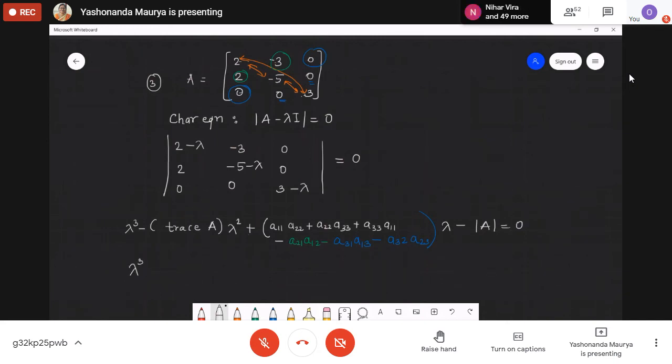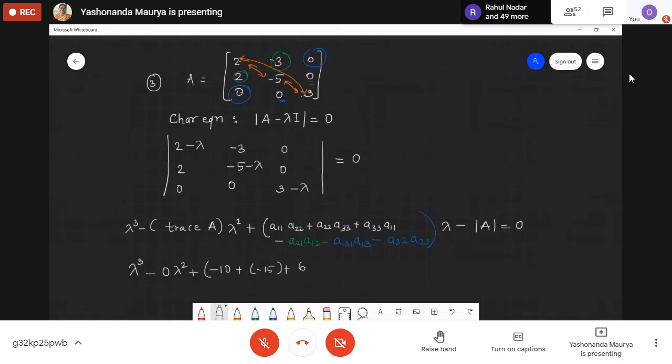So lambda cube minus, what is the trace, the diagonal entries? 2 minus 5 plus 3. So that gives me 0. So 0 lambda square plus, now let us simplify this expression. 2 into minus 5, so that will be minus 10, plus minus 5 into 3, so that will give me minus 15, plus 2 into 3, so that is 6.